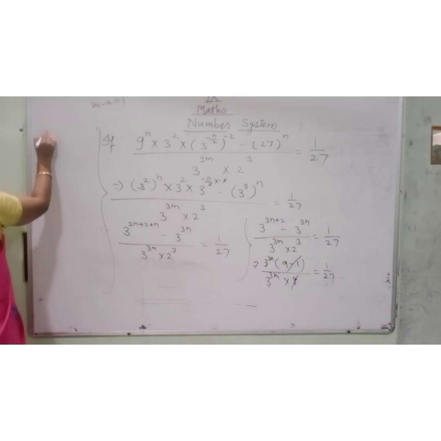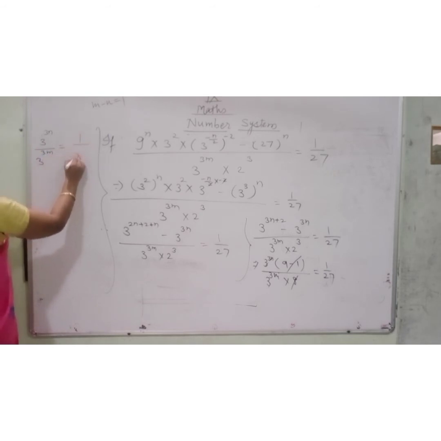3 raised to the power 3n divided by 3 raised to the power 3n is equal to 1 upon 3 raised to the power 3. Okay.